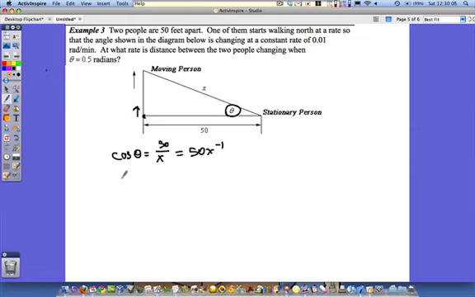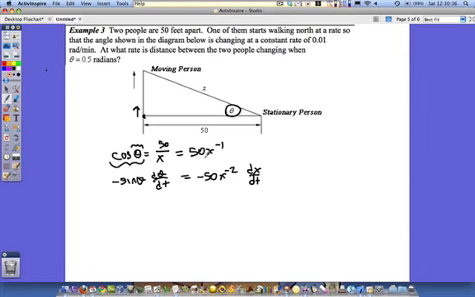The derivative of cosine theta with respect to t, because we're finding how fast the distance is changing, is going to be negative sine theta d theta/dt. Composite function. Outside, inside, because theta is a function of t. Theta depends on what the time is. Equals negative 50x to the negative 2 times the derivative of x with respect to t.